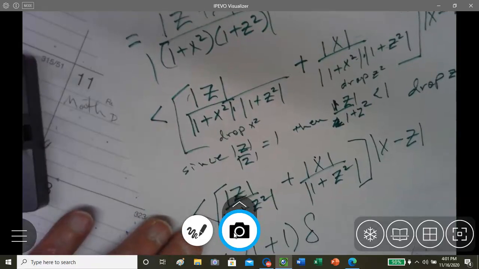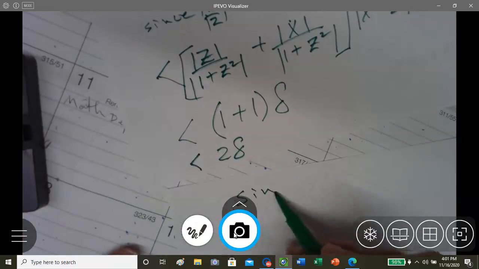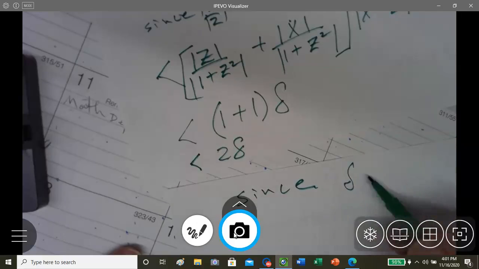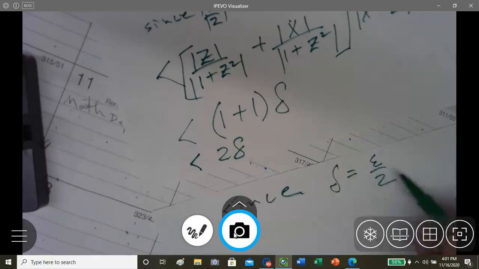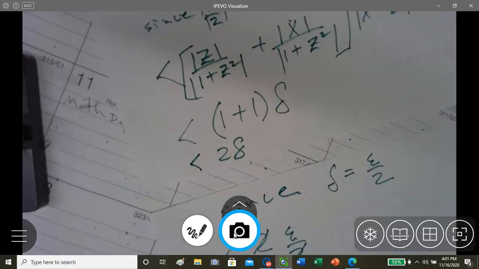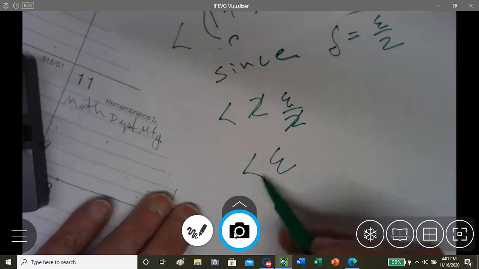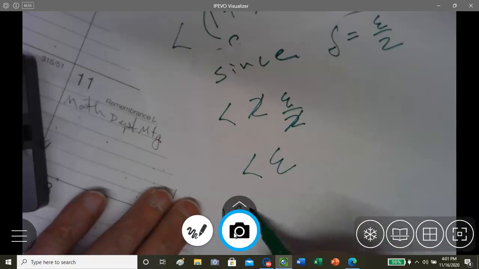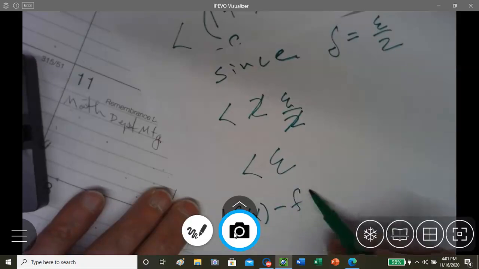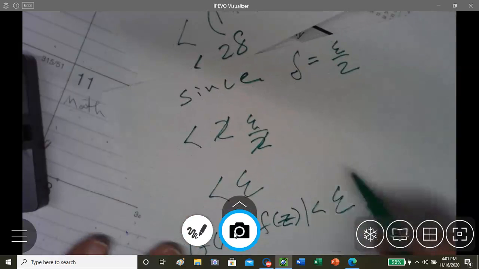And since delta equals epsilon over 2, we can substitute epsilon over 2 in for that. So that's 2 times epsilon over 2. The 2's cancel, and so therefore, what we have is epsilon. So what's all this saying? All this is saying is that the absolute value of f of x minus f of z is less than epsilon, and we've proven it.